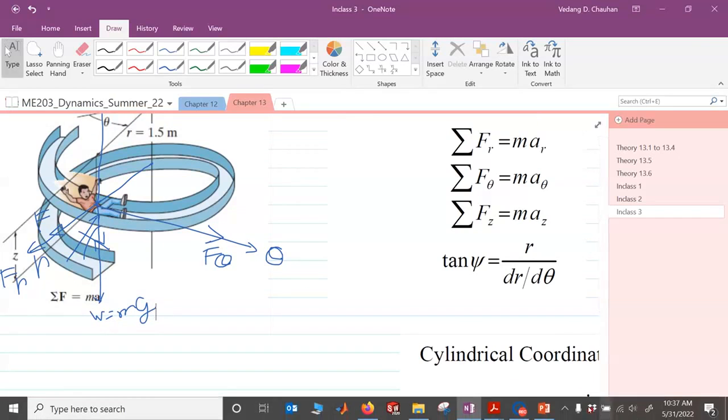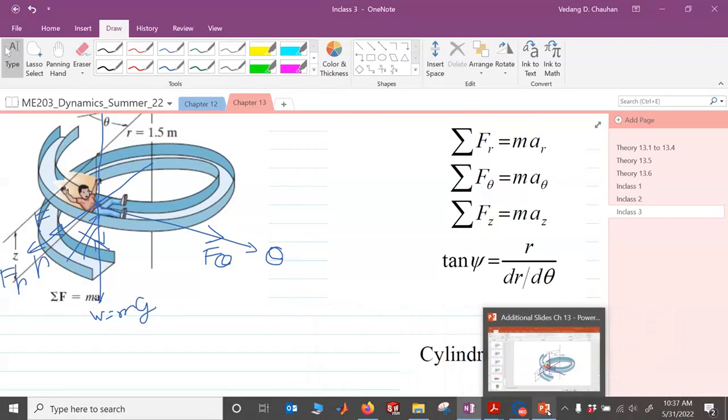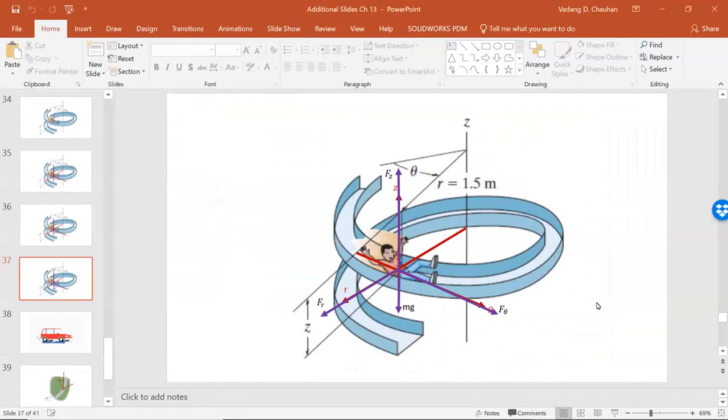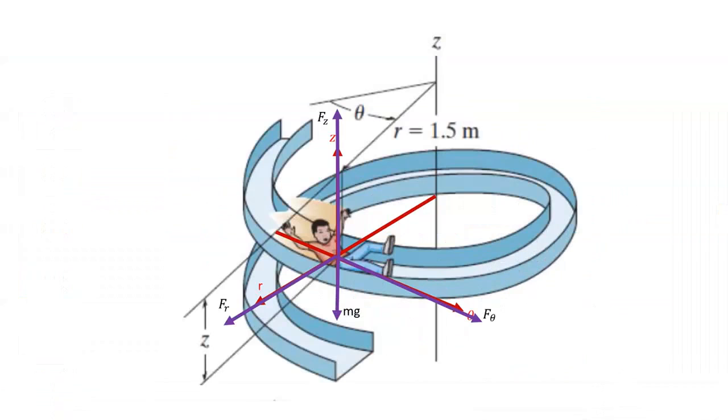If we draw a free body diagram for this boy, it will look like this. First of all, three axes: radial, transverse, and z. Fr, F theta, and Fz are the three components of the normal force, and then there is the weight force here.